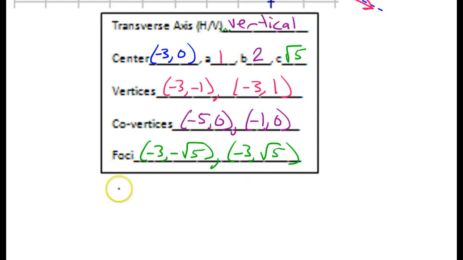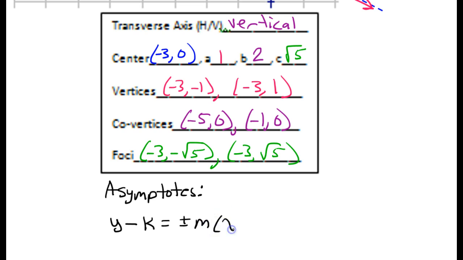Now, I'm not sure why they didn't include this on the list, but we also want the asymptotes. Okay. Now, the model for the equation of the asymptotes will always be like this. y minus k is equal to plus or minus the slope times x minus h. h and k are the coordinates of the center as usual. So, noticing that the center is negative 3 comma 0, 0 is the k. So I'm just going to have y equals plus or minus.